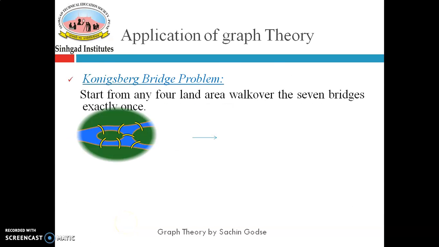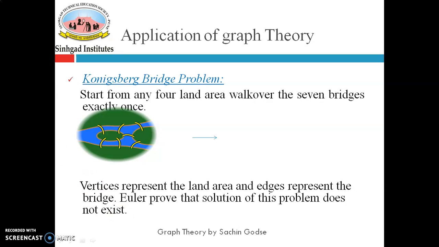Now we'll see some case studies or applications of graph theory. First, the Königsberg bridge problem. If you start from any of the 4 land areas, as you can see these four lands exist: 1, 2, 3 and this side 4.